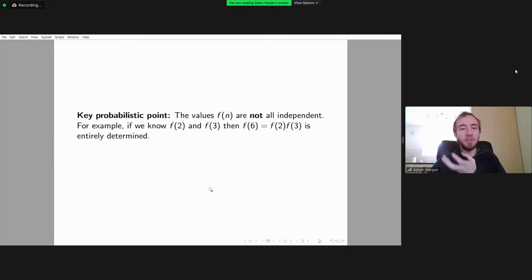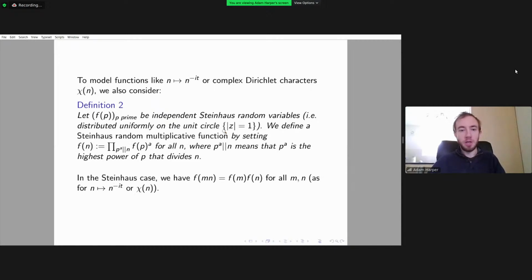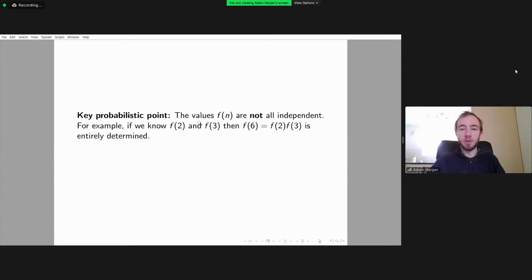And the key thing to note here, if you've maybe got a bit lost with some of the details of the definition, is that these values f of n are not all independent of one another. So some of them are, so on the primes, they're independent because that's how they've been constructed. But if you look at the sequence of f of n for all the natural numbers, they're definitely not.